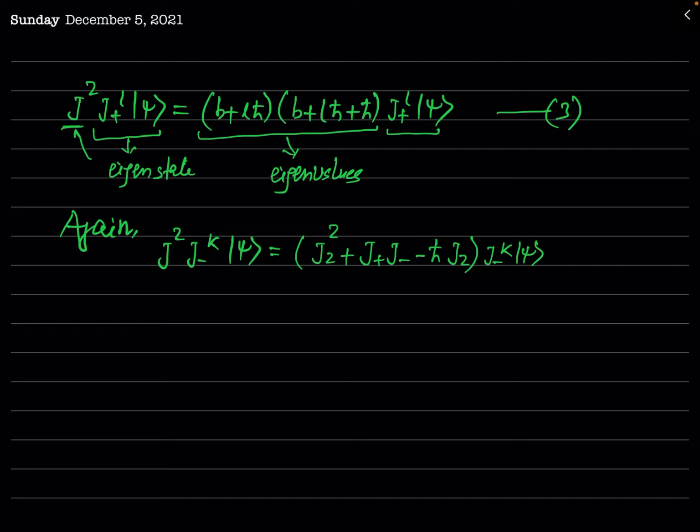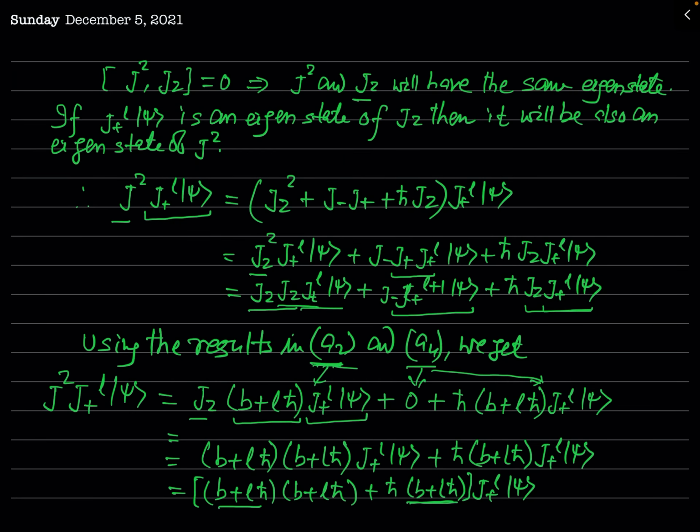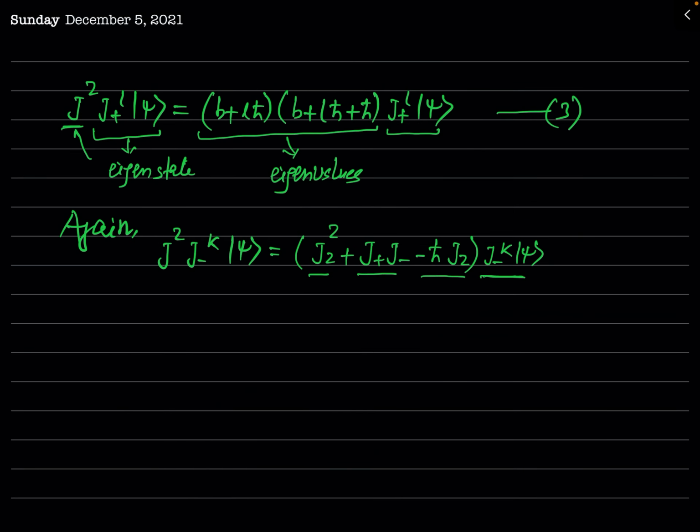In fact, in the similar manner, you will operate this operator Jz square on this. Then again we will operate this J plus J minus on this eigenvector. And finally we will operate this minus H bar Jz on this. And in the similar manner, by the use of the above equations which you have just seen in this calculation, you can find the eigenvalues of J square in terms of K.